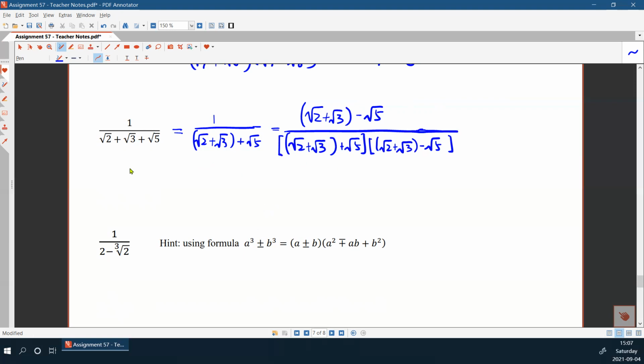Because then we can use the formula. This is a plus b times a minus b, right? Which is a square minus b square. B square is square root of 5 squared, which is actually 5, right? Okay. And for the numerator, it is square root of 2 plus square root of 3 minus square root of 5. Understand?